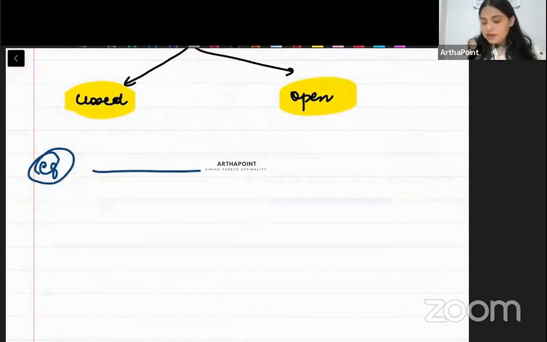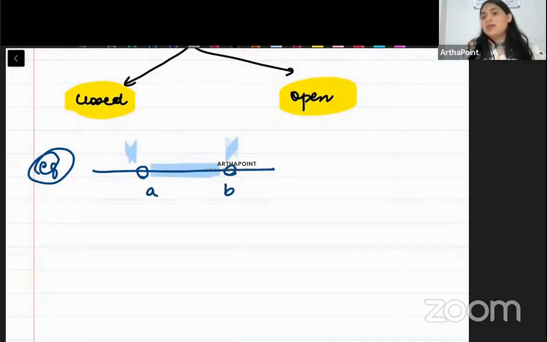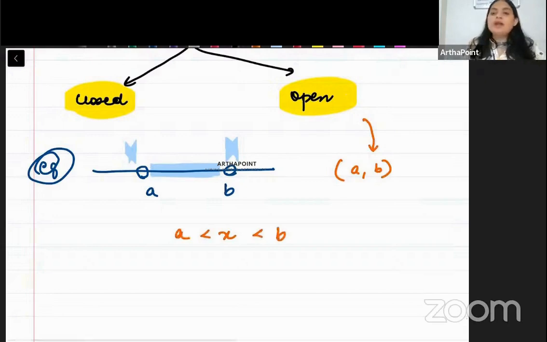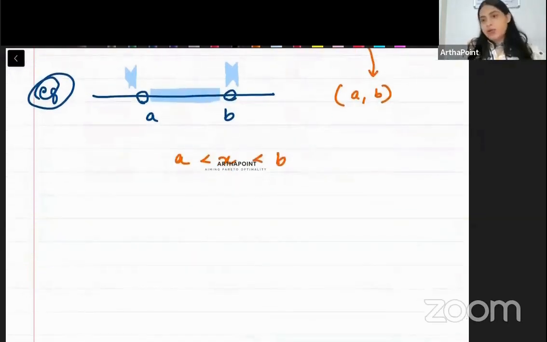If I have this number line and I write here A and B, I want to include everything between A and B, but not A, not B. Then my interval will be (A, B), but it will be open. So I'm talking about all numbers between A and B, not including A, not including B.